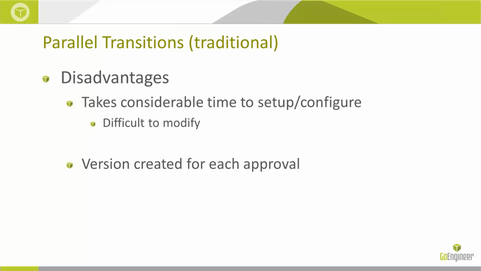The other disadvantage is that a file version is created every time a single user approves a file, because it's actually updating the data card with that user's name. So it's actually creating 5 versions of that file before it gets approved. So we're burning versions in the system, which has some implications in disk space and when you go back to the Git version and things like that.